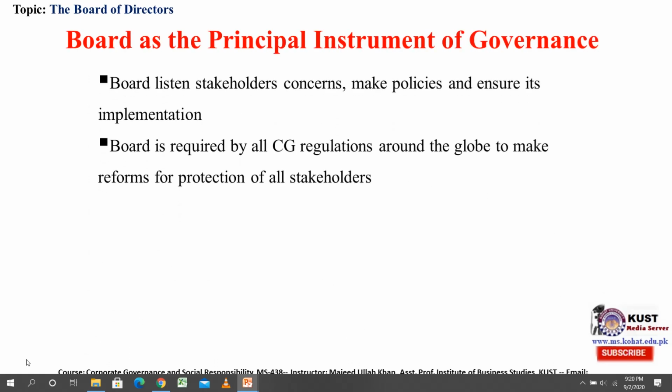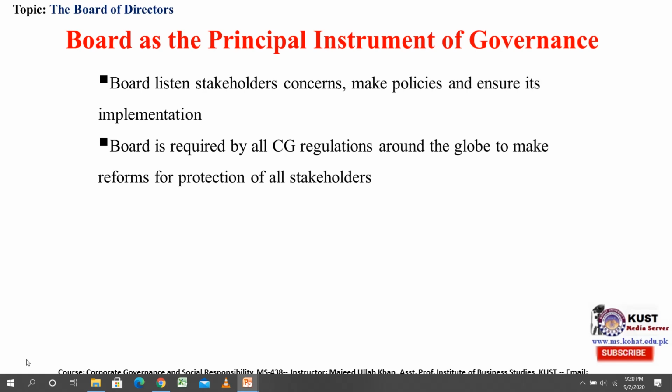The board should listen to all stakeholders that are associated with the company. When the board is drafting its policy, it should keep all these stakeholders in mind and ensure that their concerns are addressed in the policies, in case any stakeholder has an issue with the company. The board is required by corporate governance regulation around the globe to make reforms for the protection of stakeholders.